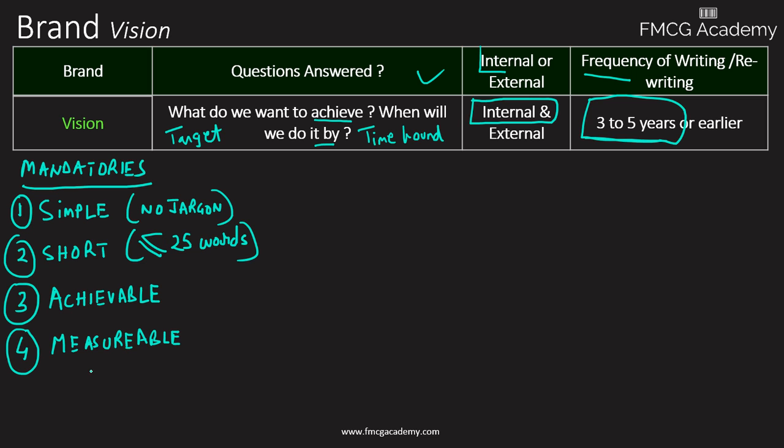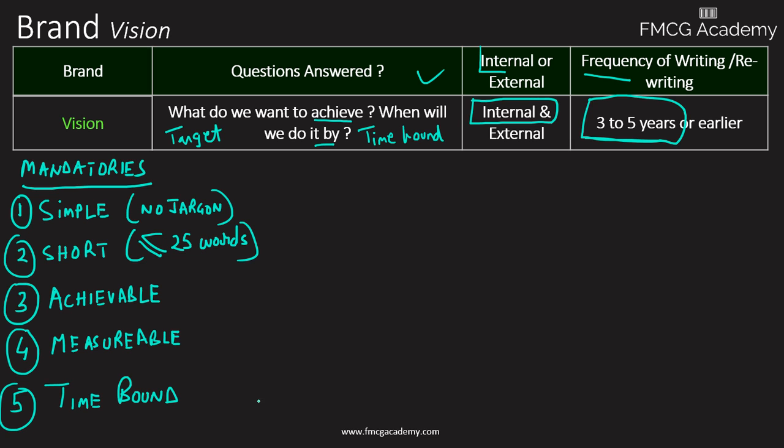And therefore these updates can be motivating, and you can obviously add to those statements with clarity of what more needs to be done to achieve the brand vision by that time frame, and which is the fifth mandatory. Obviously it's got to be time bound.